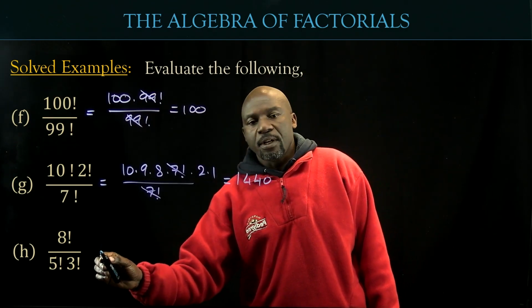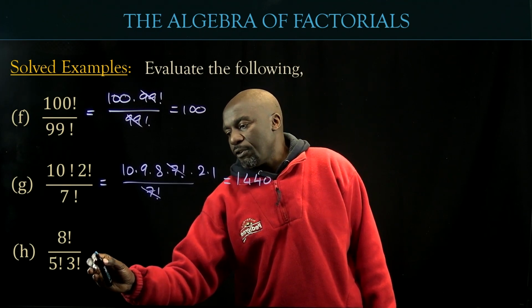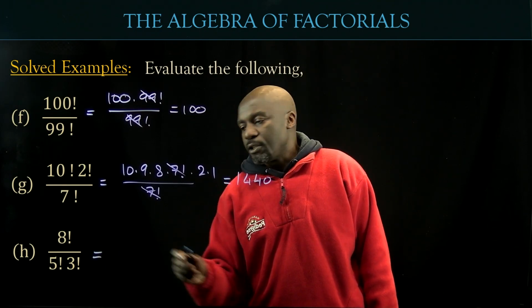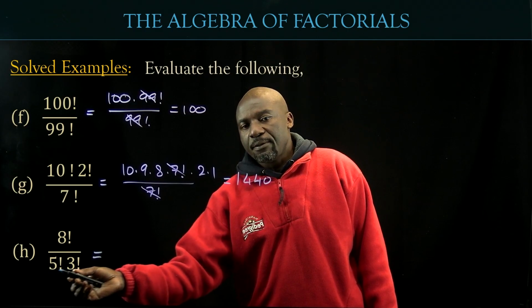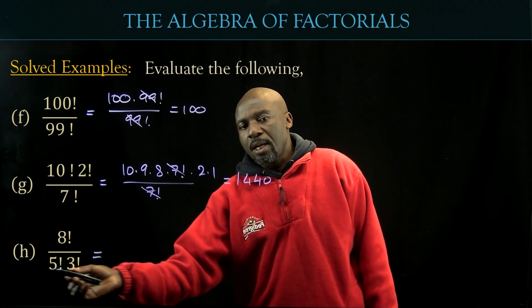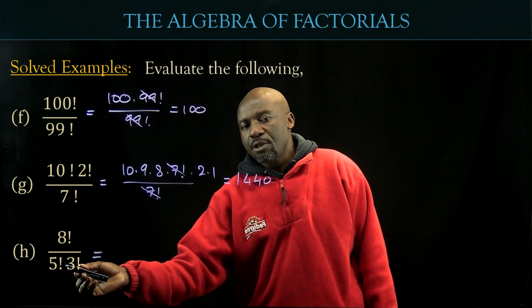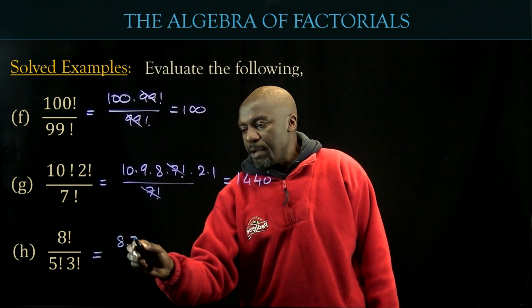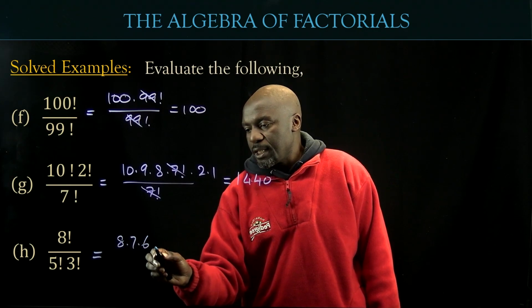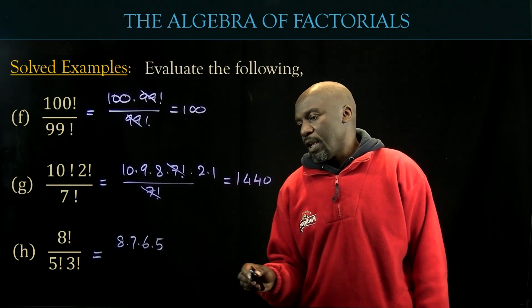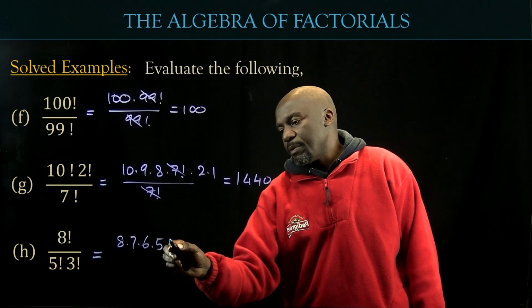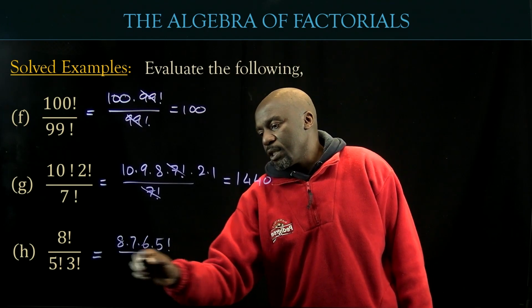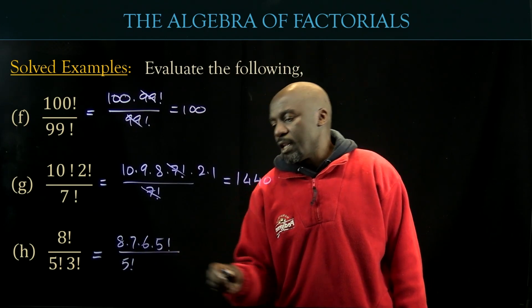Lastly, we have 8 factorial over 5 factorial times 3 factorial. So 8 factorial, I'm seeing 5, I take the larger one, so I'm going to go for 5 instead of the 3 for obvious reasons. So I'll write this as 8 times 7 times 6 times 5 factorial. I could go times 4 like that, but I can stop there because there is a 5 factorial at the bottom.